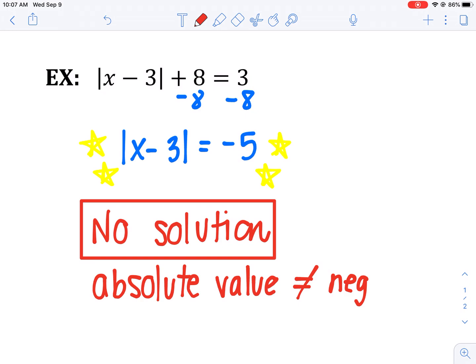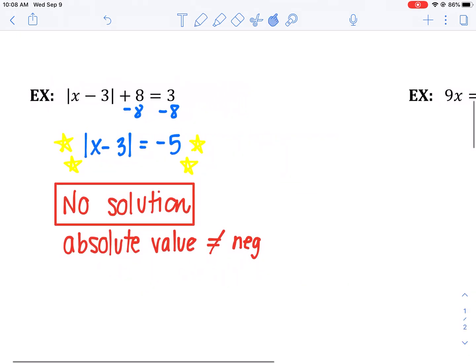You're still physically moving in a positive manner. So as soon as you get to here, a lot of people want to break this out of jail, but you have to realize an absolute value completely by itself will never result in a negative number. So watch out for those. Super important.